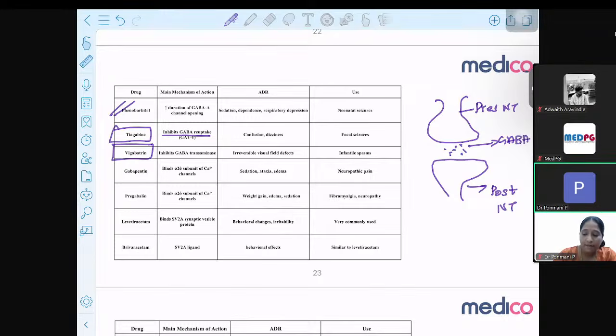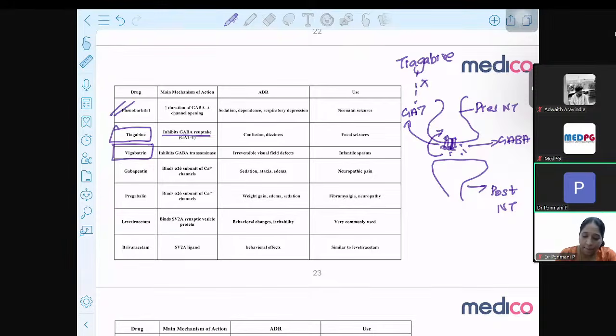When there is more GABA, the GABA is taken back into the presynaptic nerve terminal with the help of a transporter, and this transporter is called GAT. So how is tiagabine going to work? Tiagabine is going to inhibit this GAT. So what happens? The synaptic GABA level is going to increase. So this is how tiagabine is going to act.